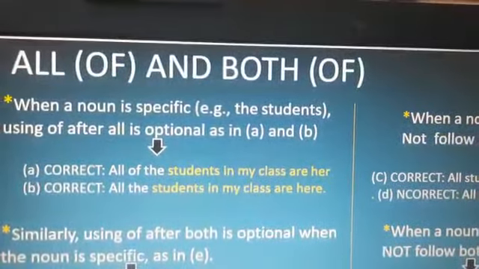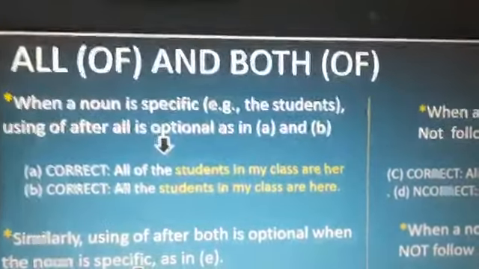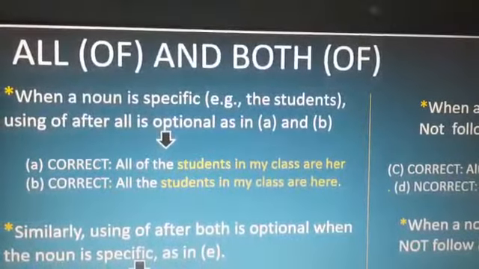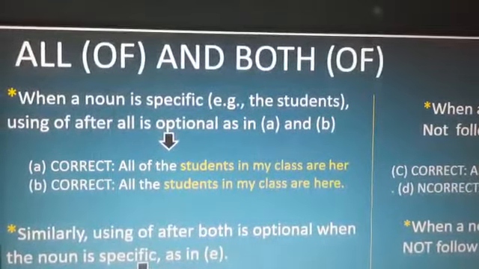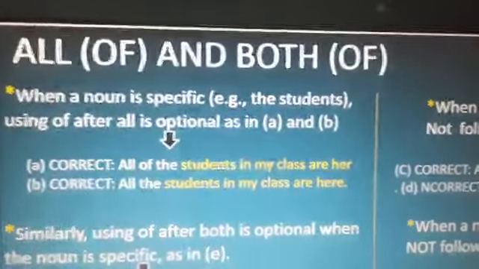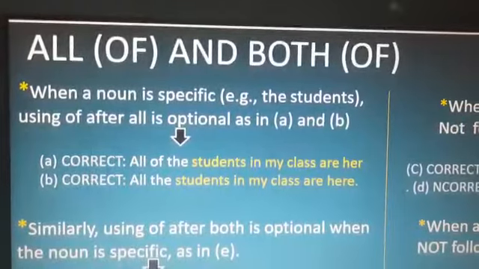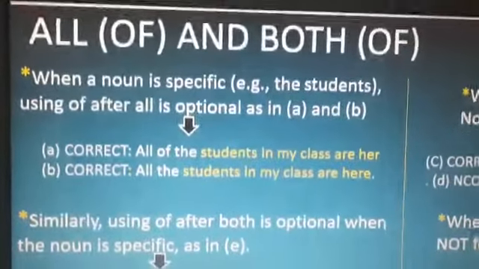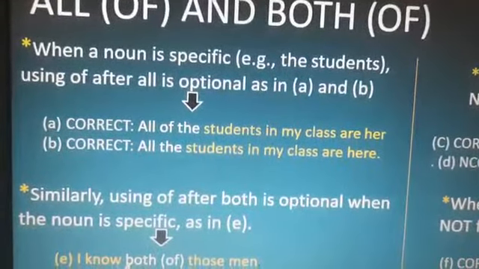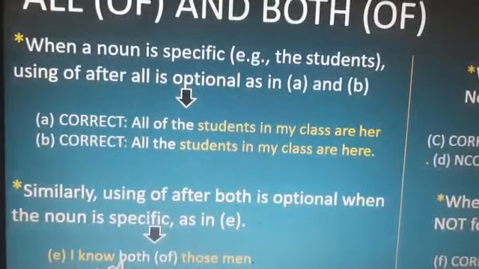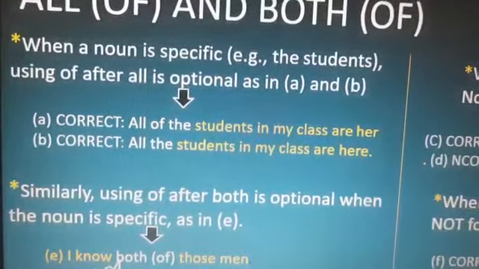I will explain all of and both of. When a noun is specific, for example the students, using of after all is optional, as in A and B. In sentence A, All of the students in my class are here.